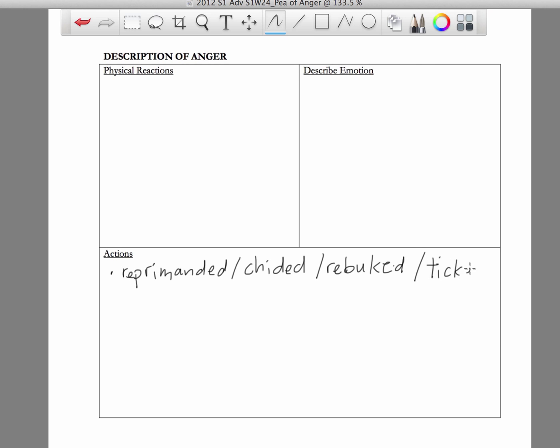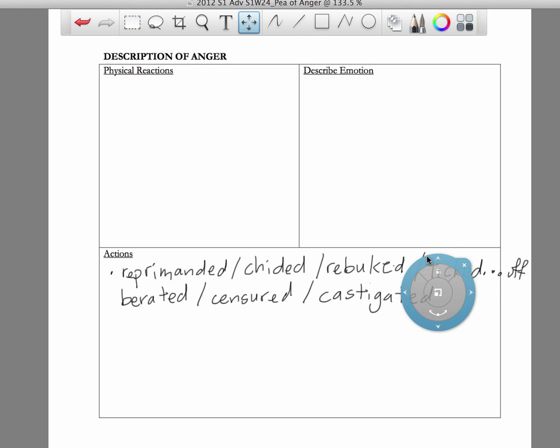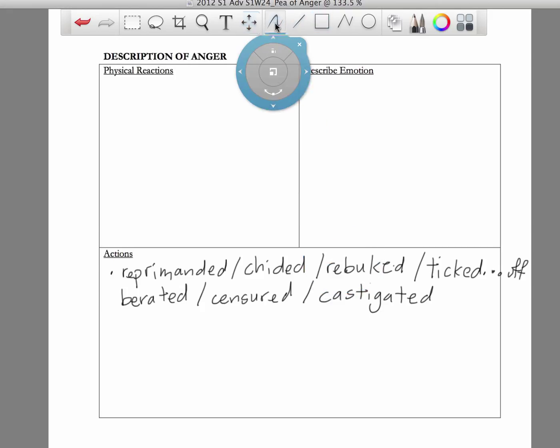Or you could say she ticked Sam off. Okay, another synonym for scolded would be berated. She berated Sam, or she censured Sam. It could even be she castigated Sam, or she reproached Sam. She reproached Sam. Okay.